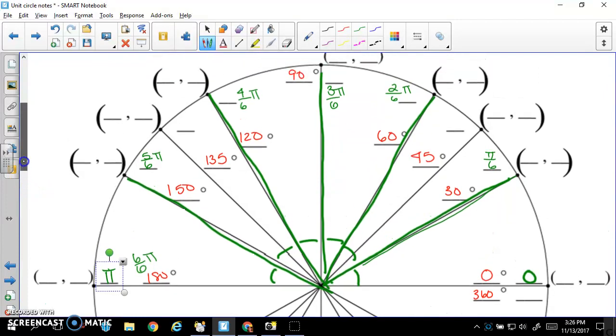If I break the whole number 6 down into 6 pieces, I have 1, 2, 3, 4, 5, 6. Now I just need to reduce these fractions.